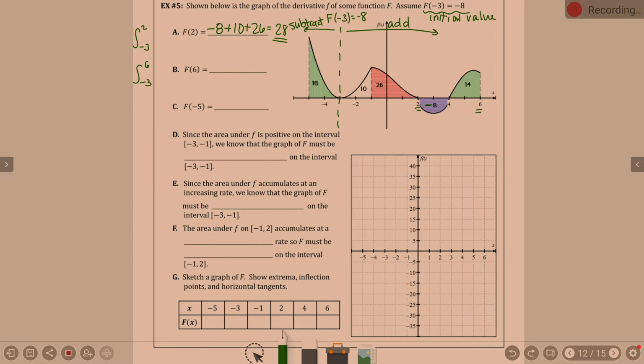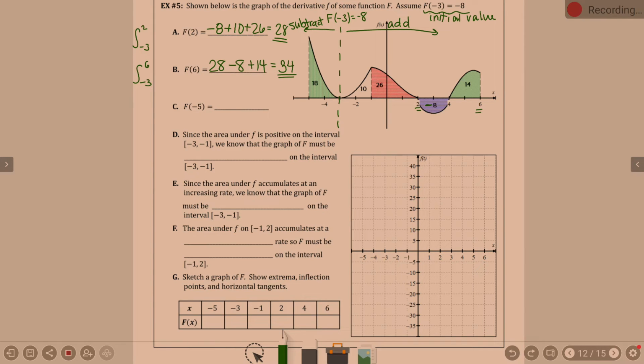And so the shortcut is to say, okay, I'm at 28, and then I'm going to subtract 8 because it's below the x-axis and add 14. I know if you look at my notes, I have -8 plus 10 plus 26 minus 8 plus 14. In other words, I wrote out all the pieces. But what do we end up with? 34?